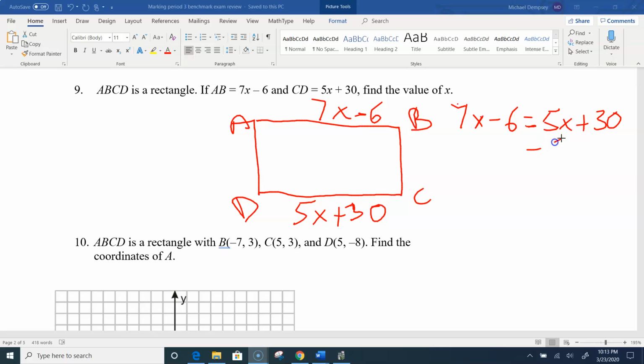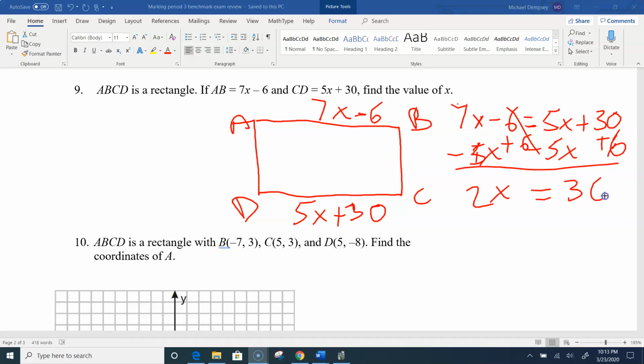And then we solve for x. So subtract 5x. And that's all they're asking us for here, is to find the value of x. So 2x over here, let's get rid of the 6 on this side, add it to this side. So we have 2x equals 36, divide by 2, and I have x equals 18.